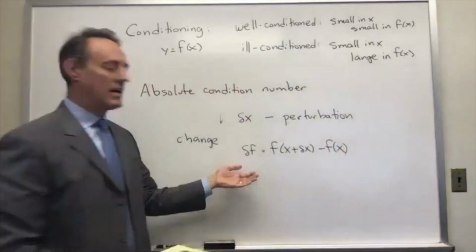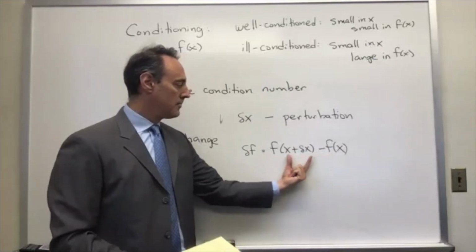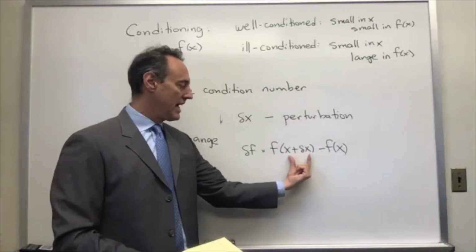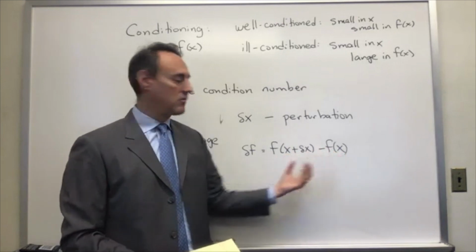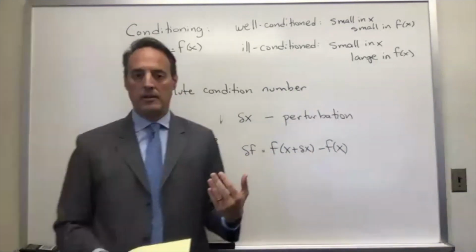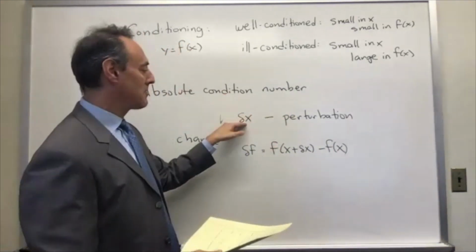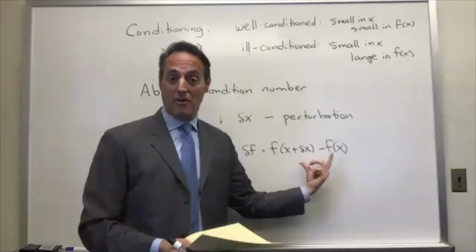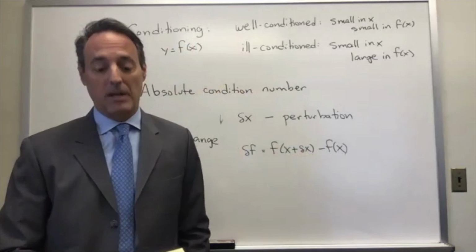And you start to recognize exactly what we've done in calculus, which is here's a difference. Here's the f with x slightly changed minus f without that delta x, right? So this is the difference. This is this delta f. What you hope for is if I change this by a little bit, this also changes a little bit. That's in some sense what we're trying to go for being well conditioned.